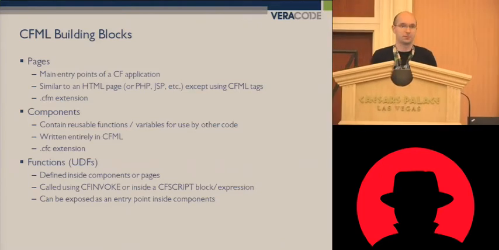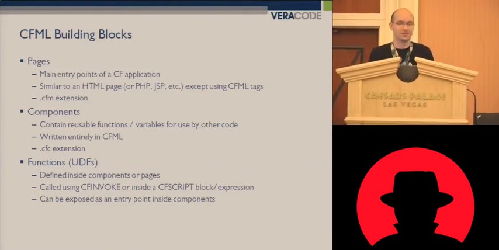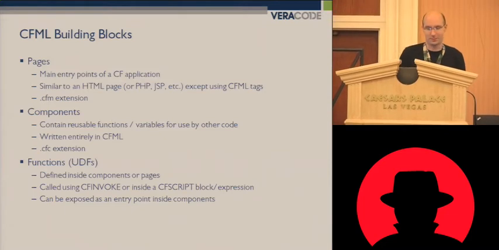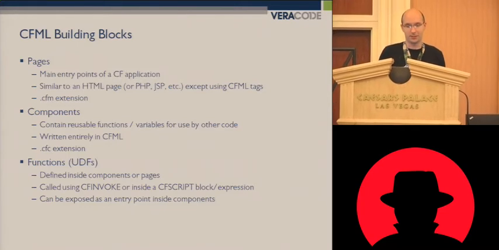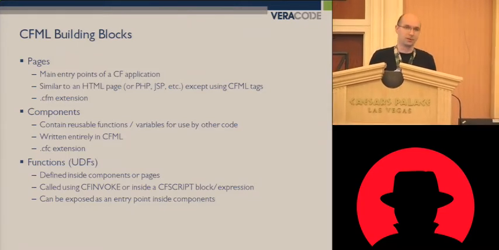We did a show of hands earlier, and a lot of you know a lot of this, so I'll skip through it pretty quickly. But ColdFusion is mostly comprised of pages and components. Both of these are HTML-styled markup files.